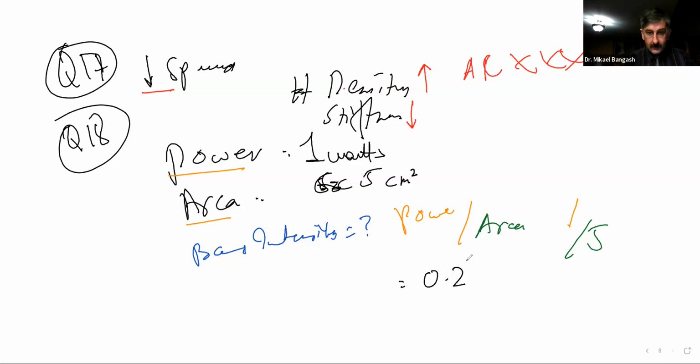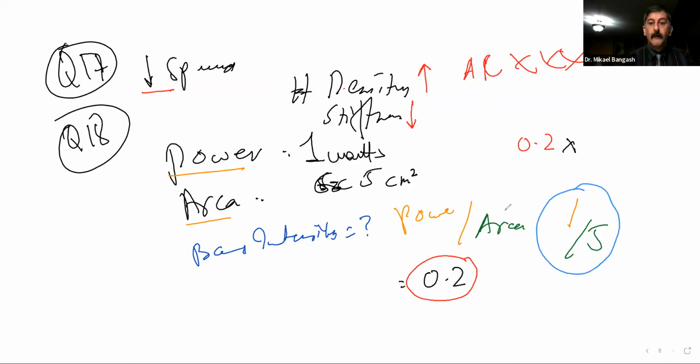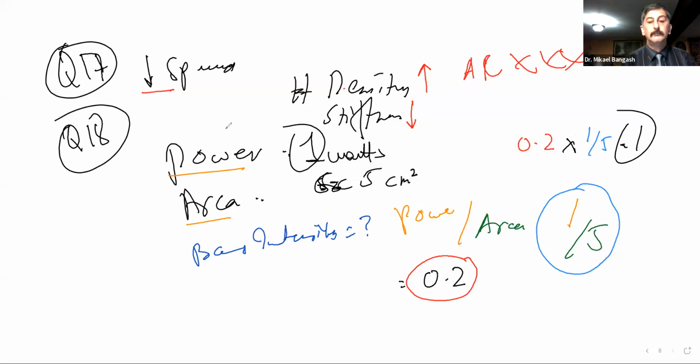By saying that if 0.2 is multiplied by this, did that make sense?